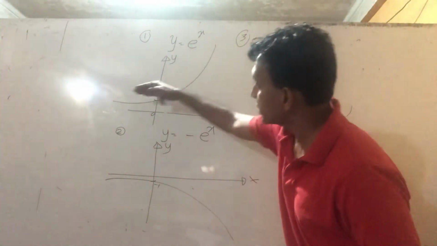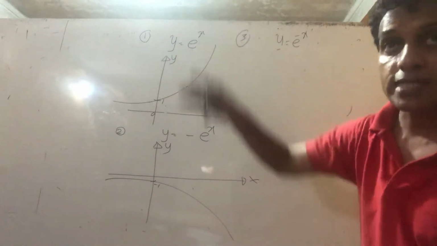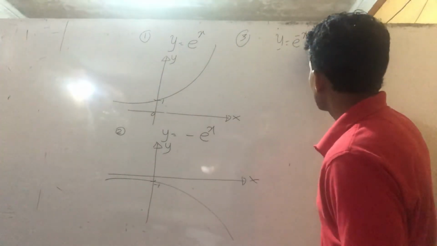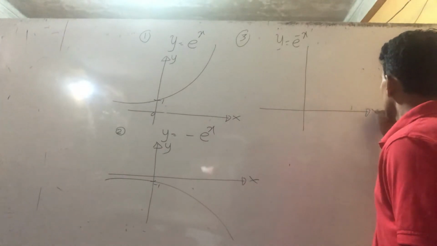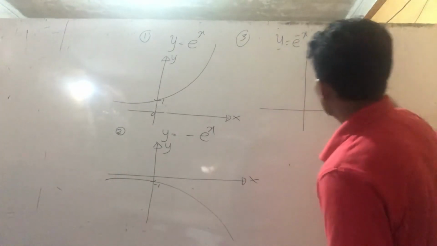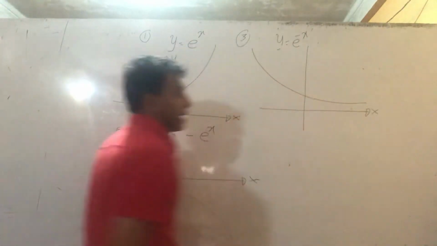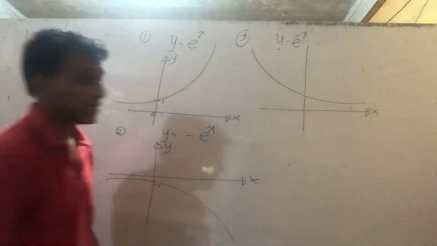Here positive x comes like that, and minus x comes the other side. That is symmetric about the y-axis, right? This goes like that, and minus comes this side, like that, y equal e to the power minus x, right?